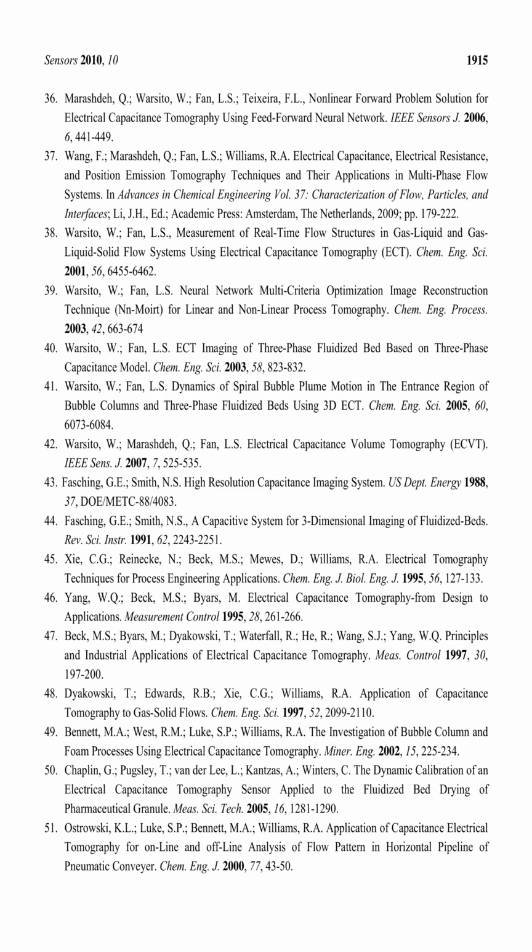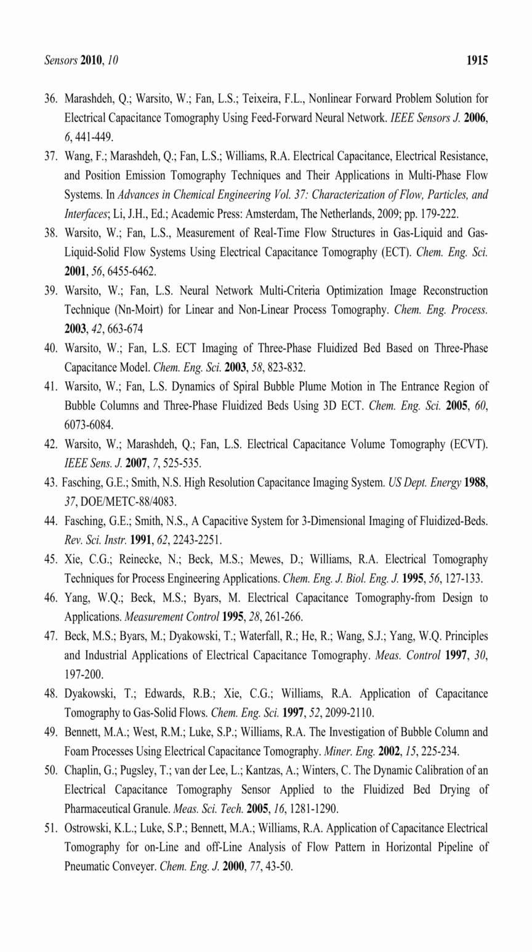17. Wang, F., Marashdeh, Q., Fan, L. S., Williams, R. A., Electrical capacitance, electrical resistance, and positron emission tomography techniques and their applications in multi-phase flow systems, in Advances in Chemical Engineering, Volume 37, Characterization of Flow, Particles, and Interfaces, Lee, J. H., ed., Academic Press, Amsterdam, the Netherlands, 2009, pp. 179-222. 18.